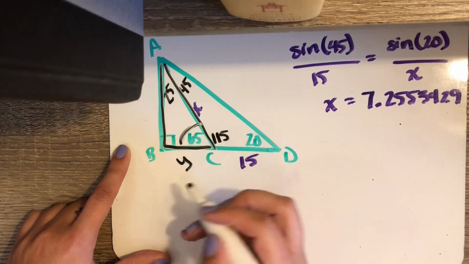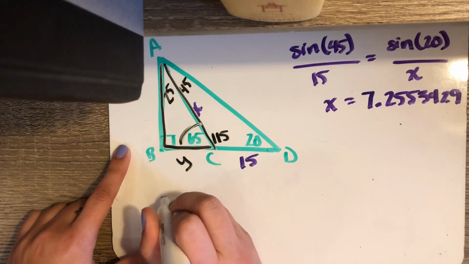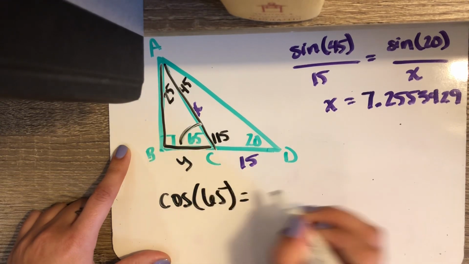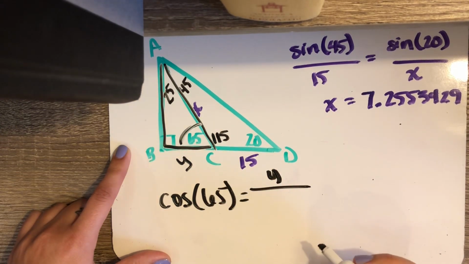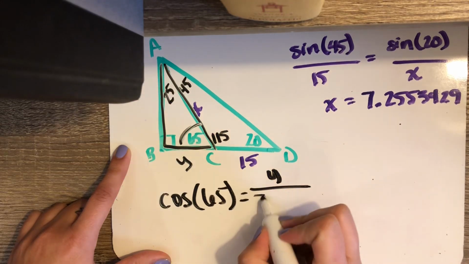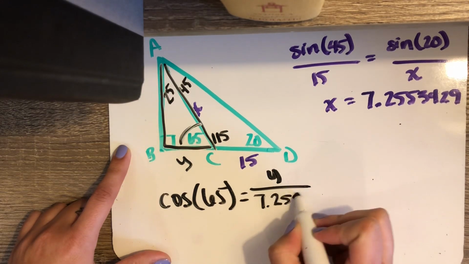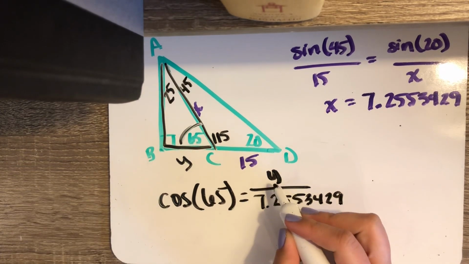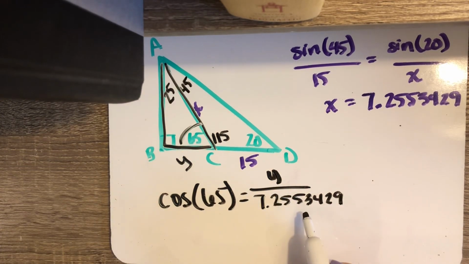So adjacent over hypotenuse, we know, is cosine. So I'm going to set up cosine of 65 is equal to y over my hypotenuse, which I found before, 7.25534229. So to solve for y, I'm going to multiply both sides by 7.25534229.